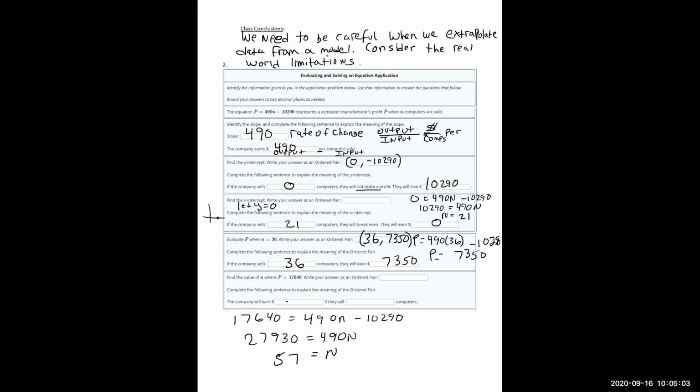All right, so this is telling me that I'm going to earn a profit of $17,640 when I sell 57 computers. Now, as an ordered pair, that's going to look like this: 57 computers and $17,640 in profit.